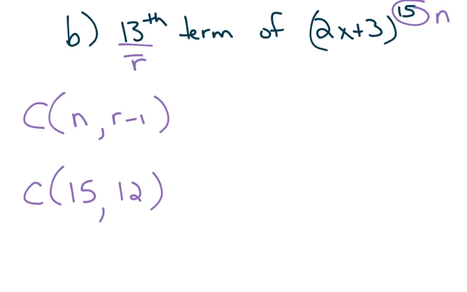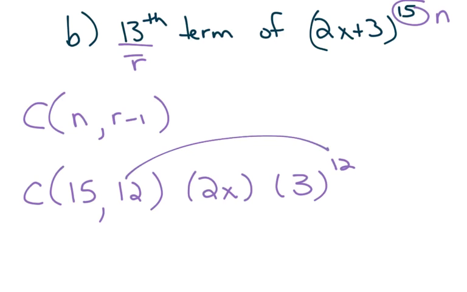The other thing we're going to do is some power of 2x and some power of 3. What's the power of 3 going to be? It's going to be 12, because it's always this number. So if that's 12, then this one has to be 3, because the exponents have to add up to 15, which is the same as the exponent that you're raising the binomial to.